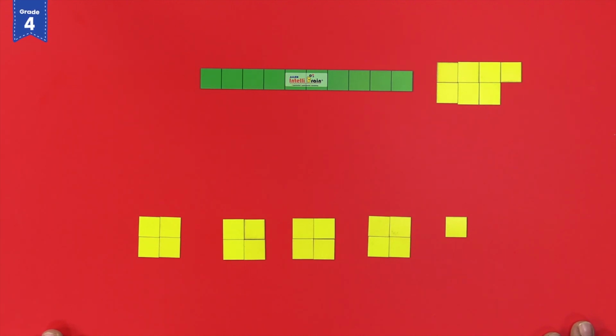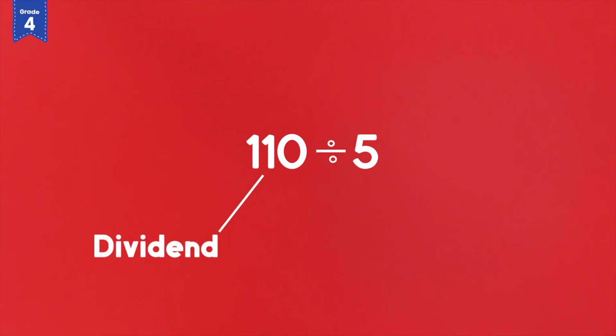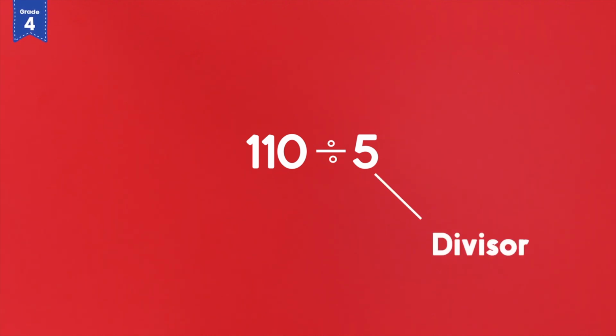Now let us try to divide a bigger number. We will now divide 110 by number 5. Now you already know that 110 is the dividend and 5 is the divisor. We need to find the quotient and the remainder. How do we represent the number 110 using the number cards? It's very easy.